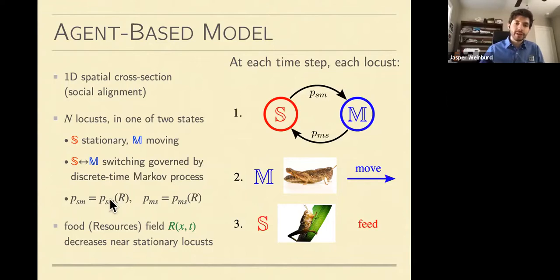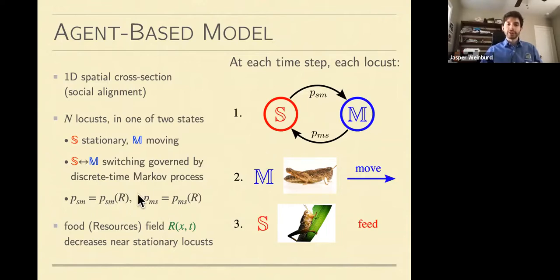They do so by depending on resources. If you're a stationary locust and you're going to switch into a moving locust, then your probability depends on the local amount of resources. This does not look at a resource gradient. It just looks at how many resources are locally there, where am I, and based on some probability from that information, you might stay stationary or you might switch into the moving state.